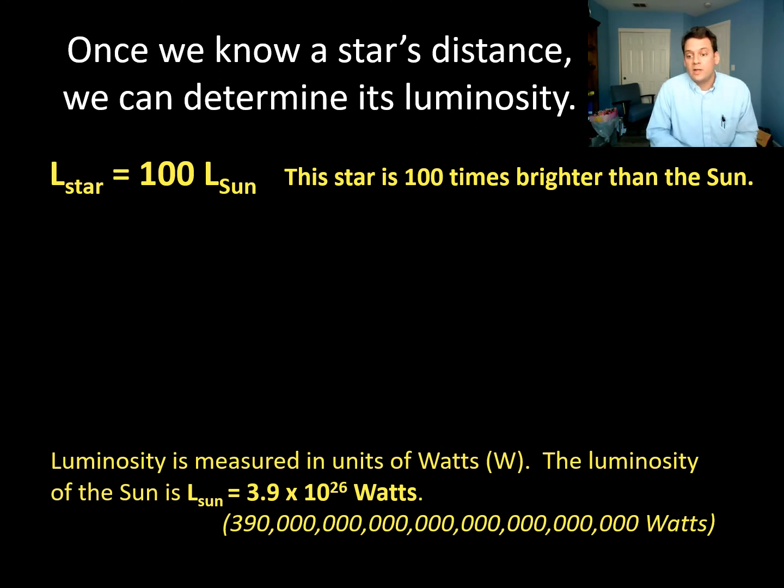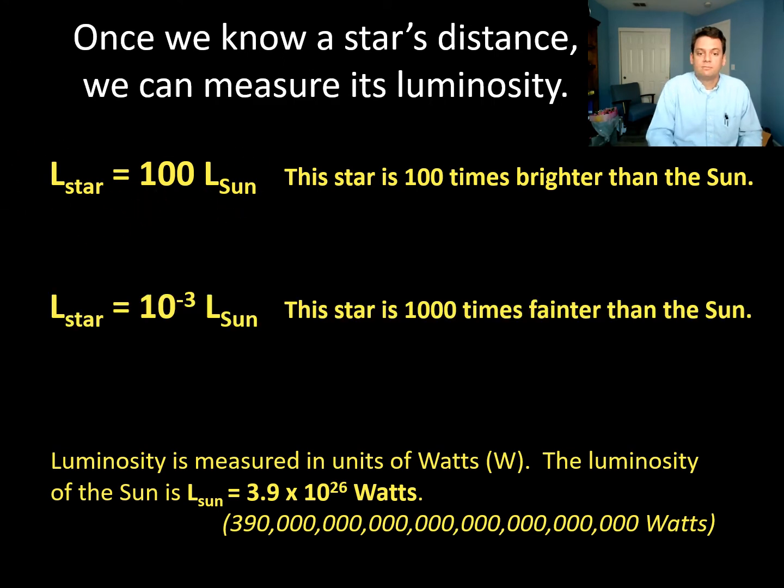So, for example, a star might be 100 times brighter than the sun, and then we could write that the star's luminosity is 100 times the sun's luminosity. Or the star is 1,000 times fainter than the sun, and using scientific notation, we could write that the luminosity of the star is equal to 10 to the minus 3 times the luminosity of the sun.